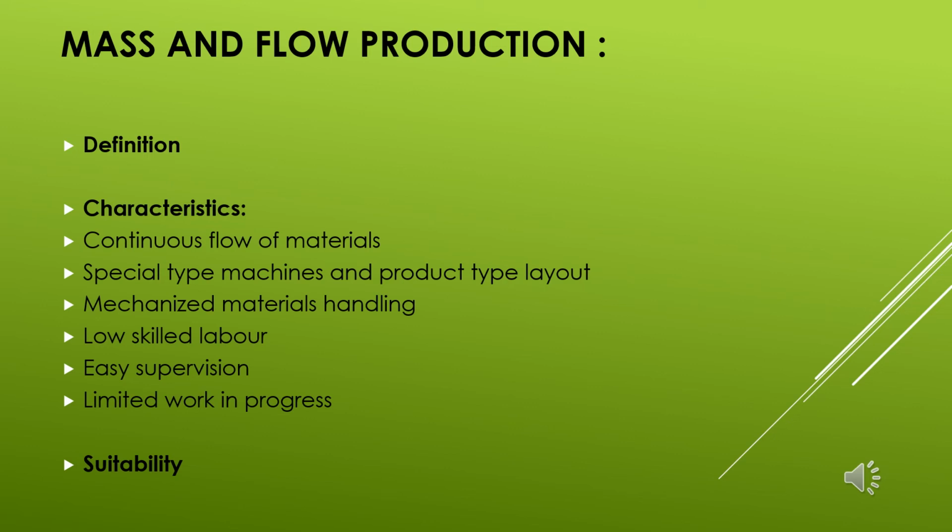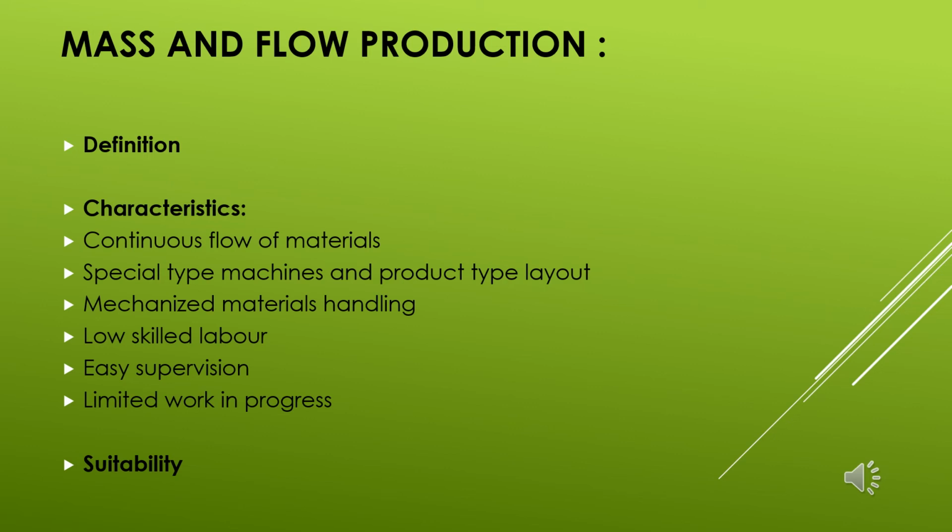Generally, there is no time gap between the work done at one process and the starting of the next. The flow of production under mass and flow production is very continuous and progressive. The major characteristic of mass and flow production is that the entire unit flows from one operation to another throughout the entire process.